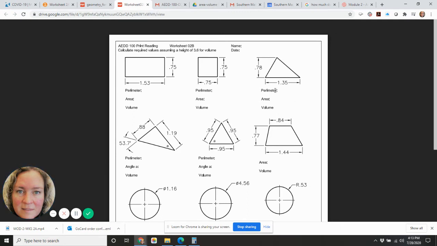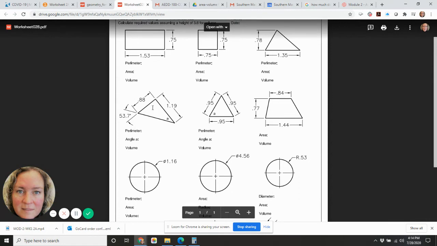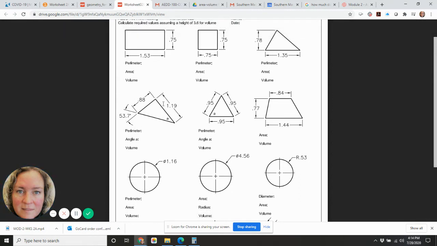So we would have to write here in perimeter NEI, not enough information, but we should be able to answer the area and volume questions. Let's take a look at the very next one here. A lot of people get tripped up by this one because they assume that this corner here is a 90-degree angle.